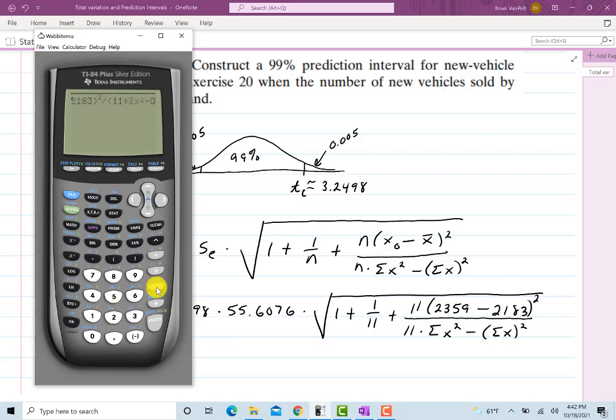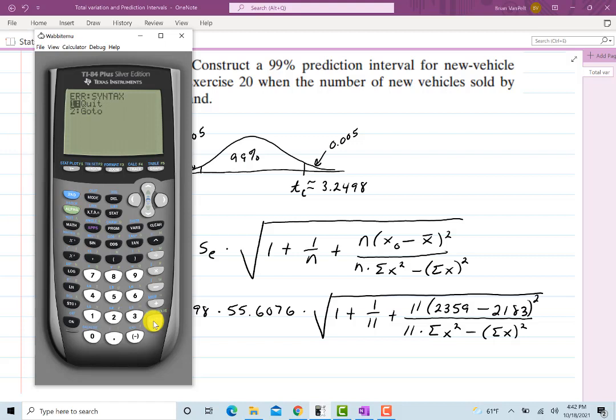Now I'm going to put in its own little parentheses the sum of x, so same place. Go to 5, go over to sigma, and choose number 1. That's sum of x. So I'll click number 1, finish off that mini parenthesis, finish off the denominator, and I have everything I need.